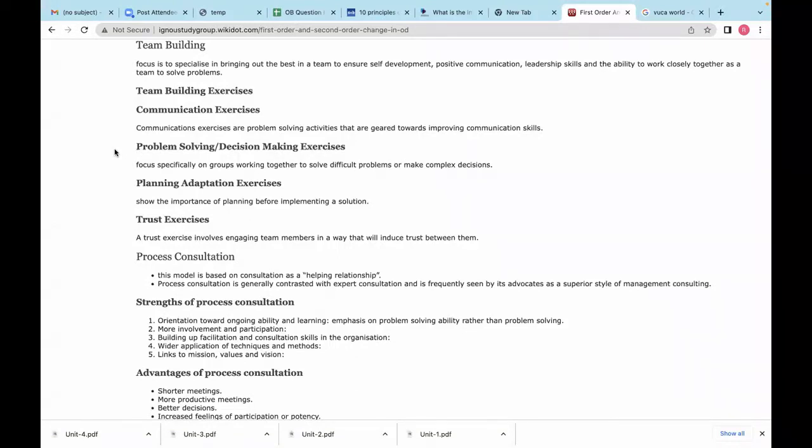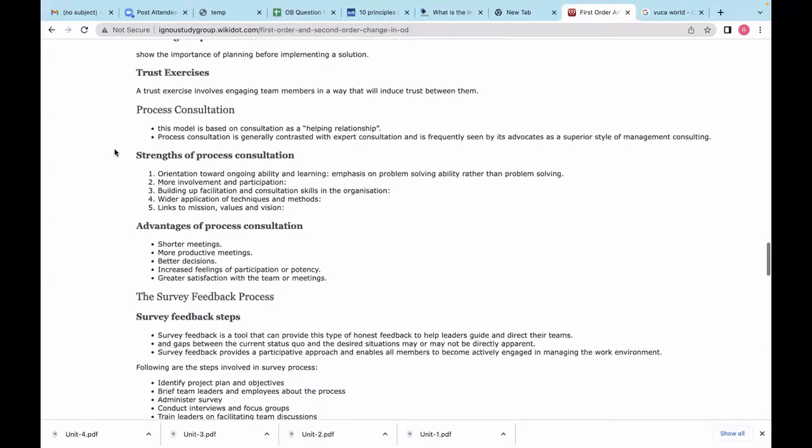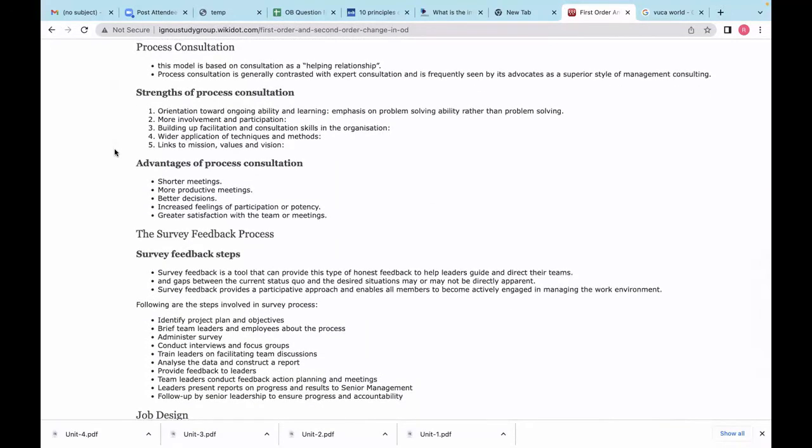Trust exercise, where you are telling how to trust. It is more to bring trust across the employees. In the team, they should trust each other. That is the trust exercise. So these are the types of team building exercises. That concludes team building.